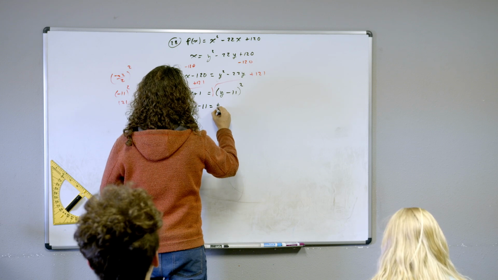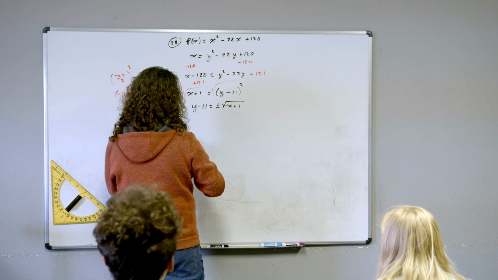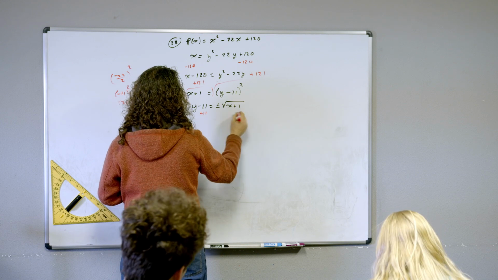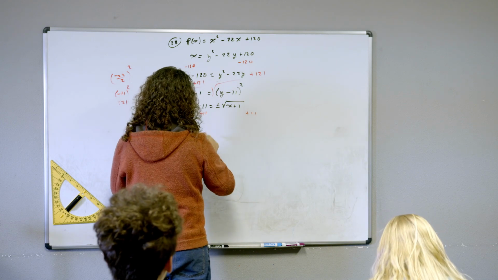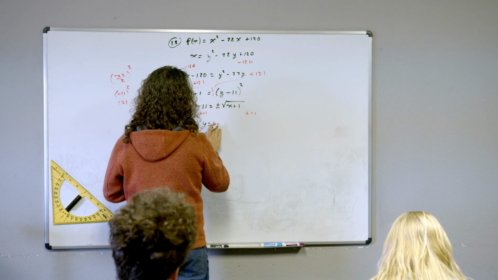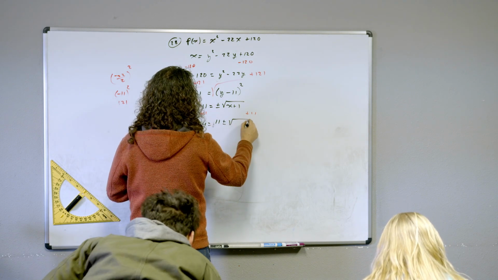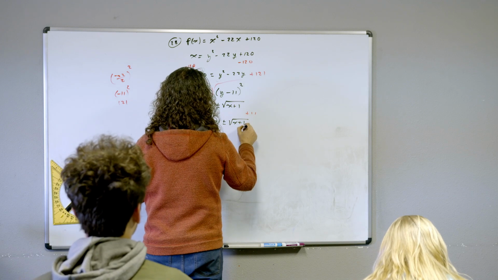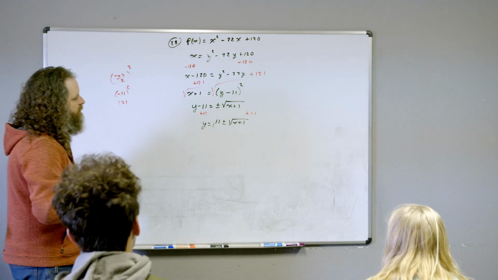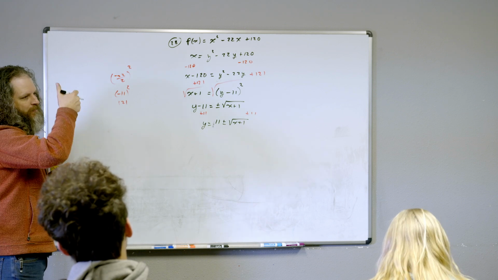Add 11. Y equals plus or minus, well, let's actually write it this way. Plus or minus square root of x plus 1. So it's just the square root function shifted to the left 1 and up 11.